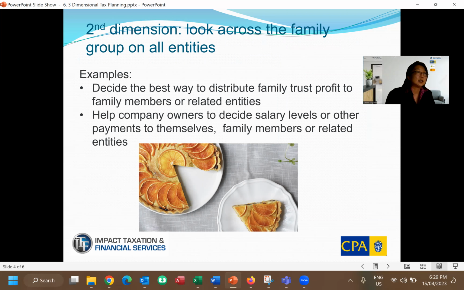The first one is to decide the best way to distribute family trust profit to family members or related entities. The second dimension is actually built on the first dimension, if you think about it.